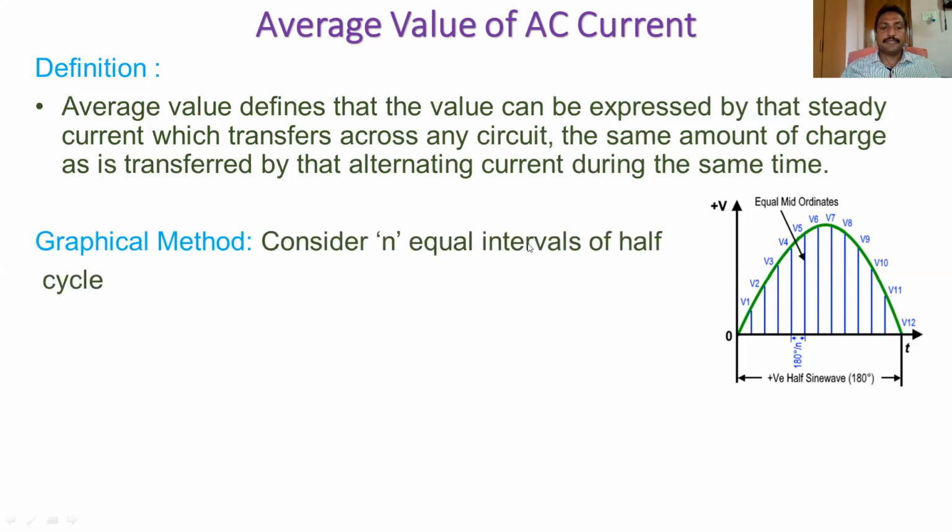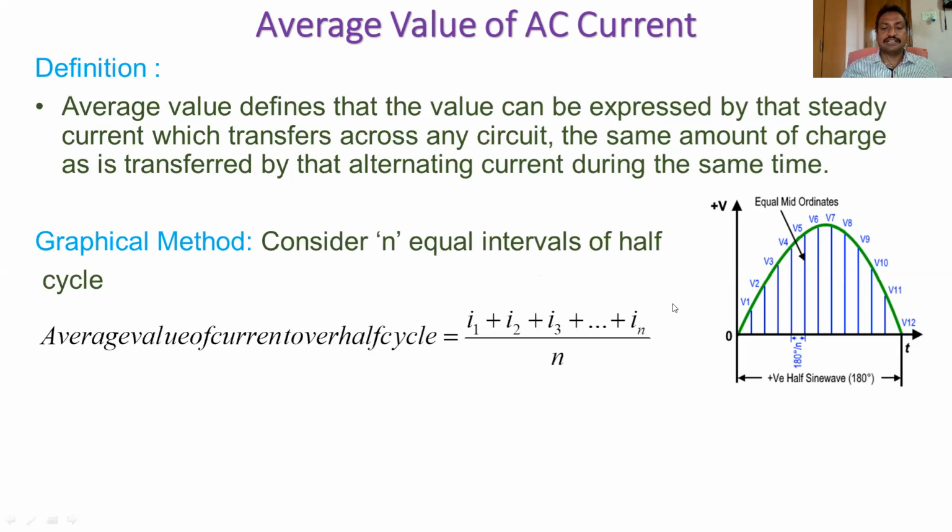This can be determined with two methods, graphical method and analytical method. First we start with the graphical method. Consider n equal intervals for half cycle.